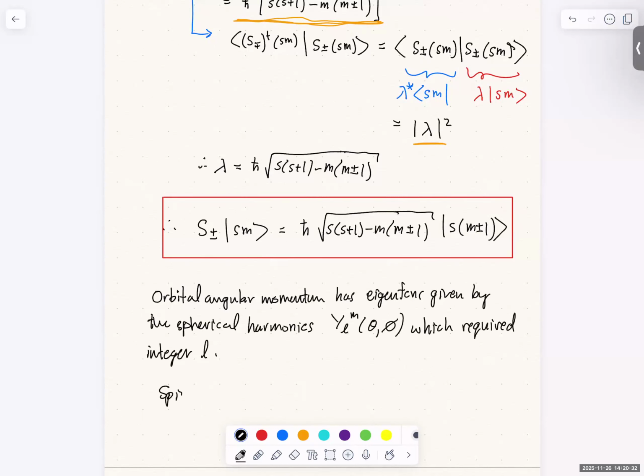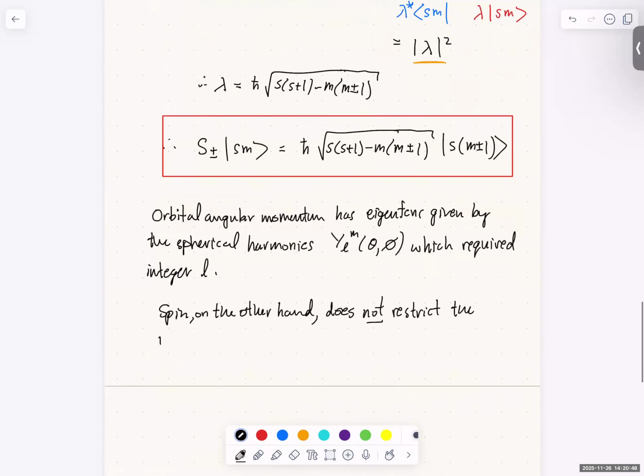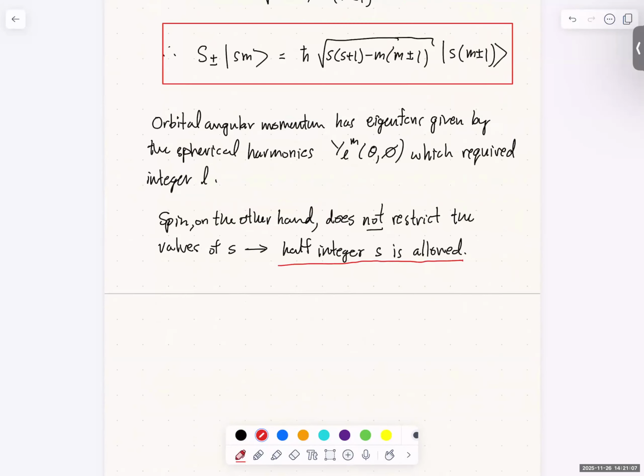Spin, on the other hand, does not restrict the values of S. And so in particular, half integer S is allowed. So are integer values. And so we'll make a little table of some particles and the spin that's associated with them.